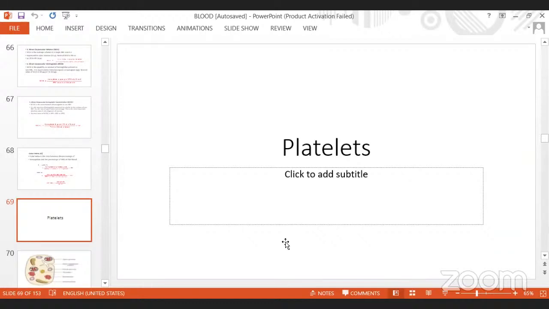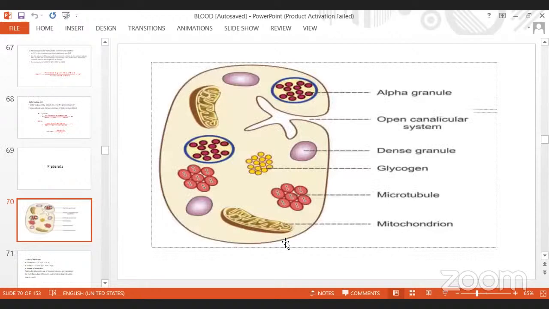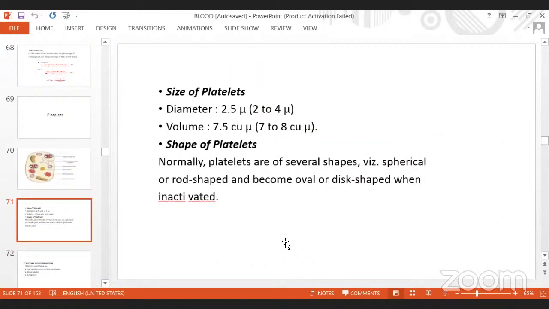Now let's see about the other formed element, that is platelet. Platelet is a formed element which doesn't have a proper shape, and its diameter is from 2 to 4 micron, and its volume is around 7 to 8 cubic microns.